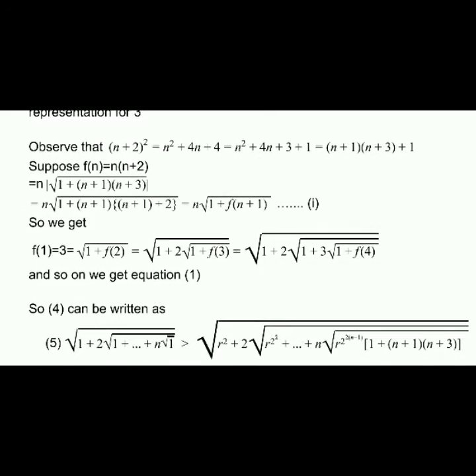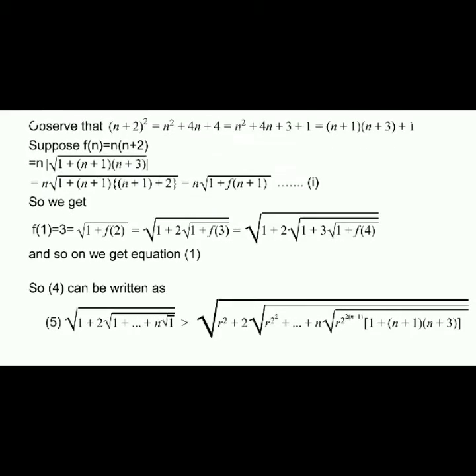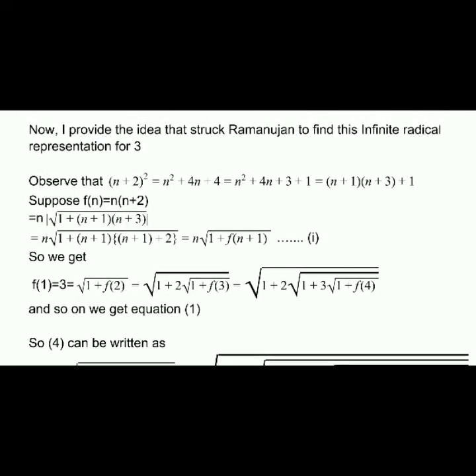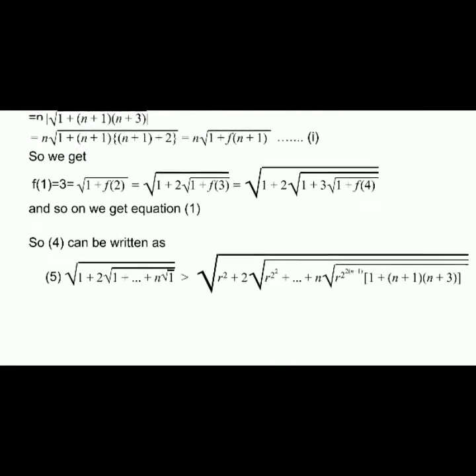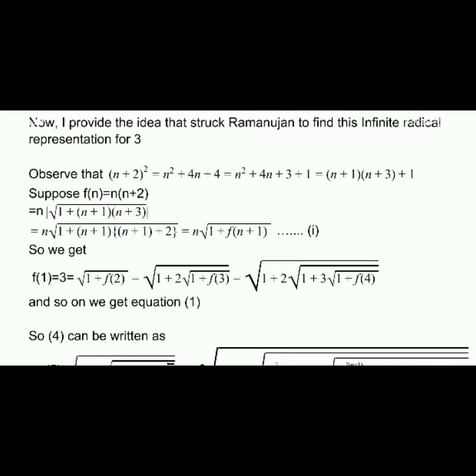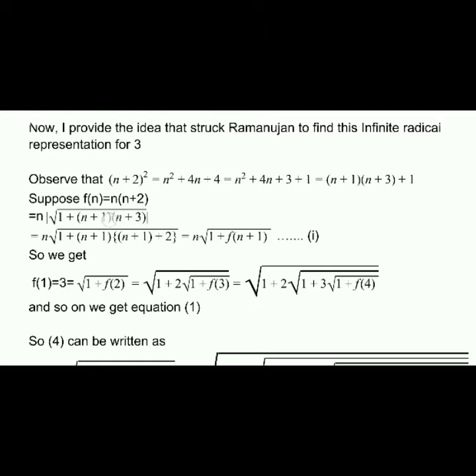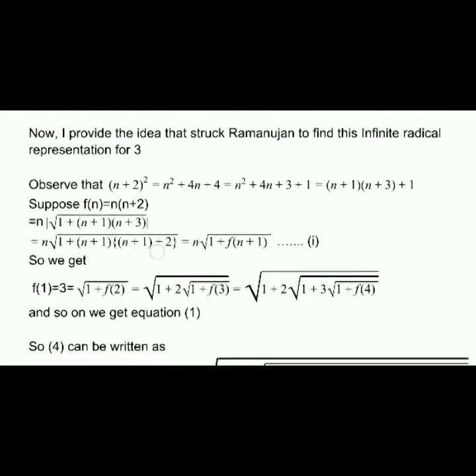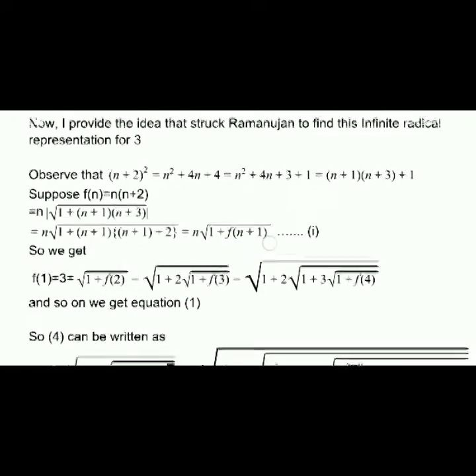So I have f(n) equal to n(n+2), which is equal to n times this. Now we can also observe that this thing inside the root, (n+1)(n+3), can be represented like this, which ultimately is f(n+1).